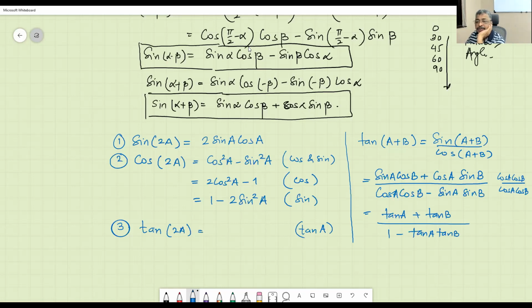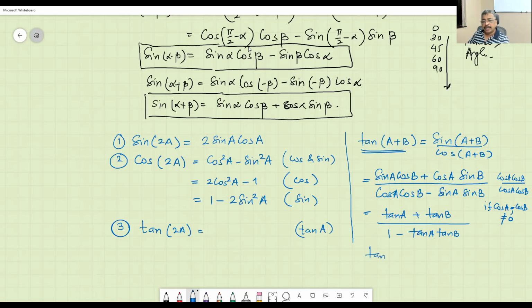If cos A and cos B are not equal to 0, we are allowed to divide, and we will get this formula. If they are 0, then you go back and deal with it a little differently. So this is tan A plus tan B upon 1 minus tan A tan B.